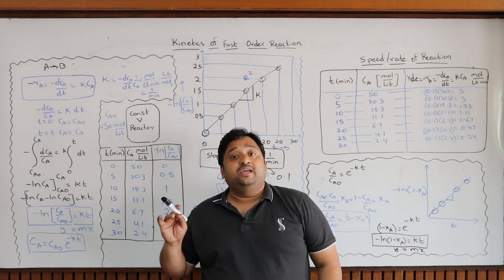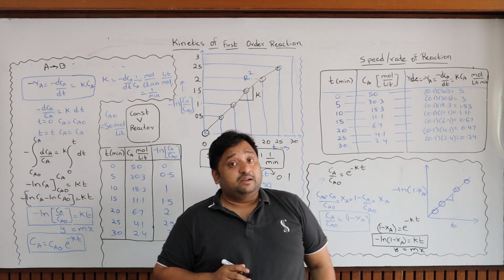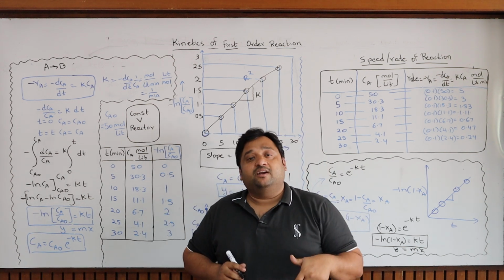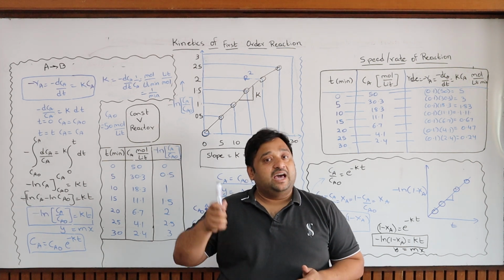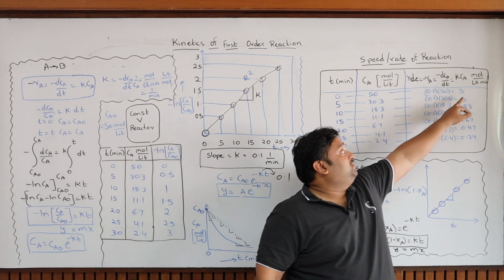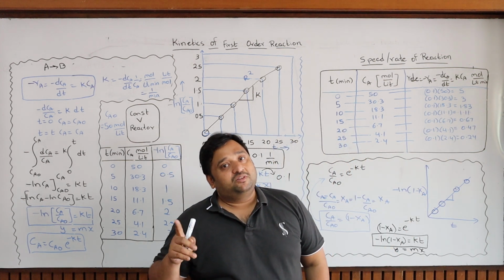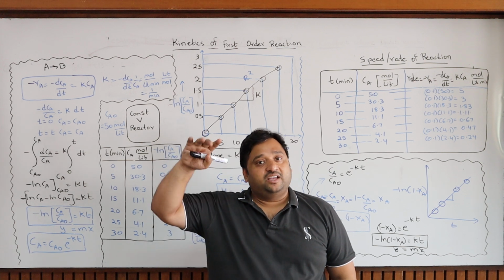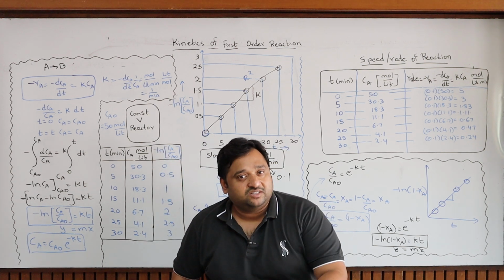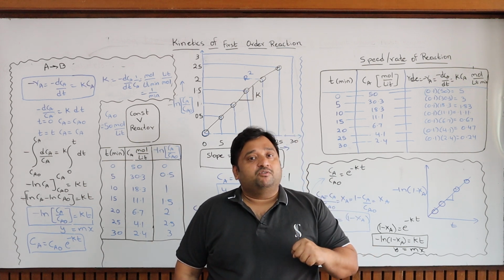This is the typical difference between 0 order and first order. Earlier for the 0 order, whatever the concentration, the speed is constant. Here the speed of the reaction depends on the concentration. Higher is the concentration, higher is the speed; lower is the concentration, lower is the speed. This is what you have to absorb in your mind.